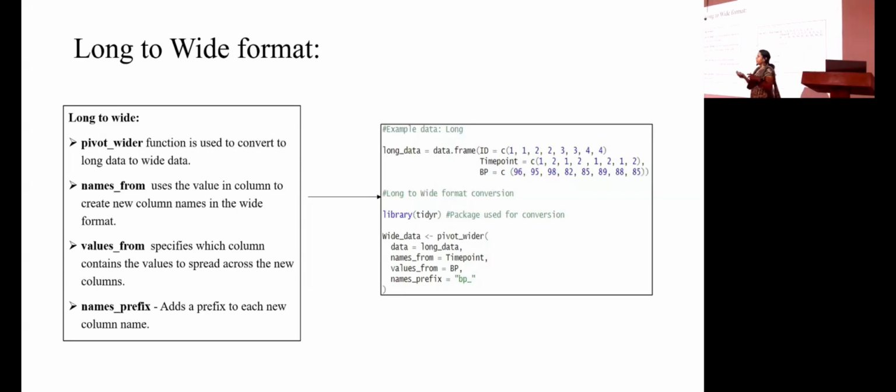Some people, after all the analysis is performed, want to see the original data set back. In the long format, everything repeats: the ID, the time, everything. If they want to see only one time point observation, they will convert it back.